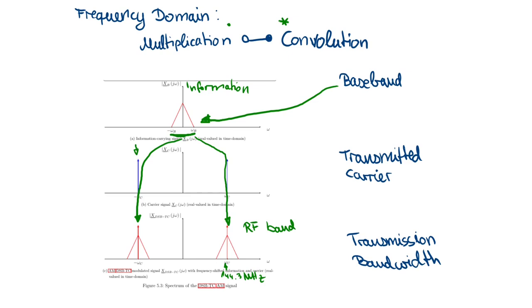The transmission has a certain bandwidth, which is the transmission bandwidth. Here in this case for the amplitude modulation, it is approximately the baseband bandwidth, but depending on the modulation, the transmission bandwidth can be different.